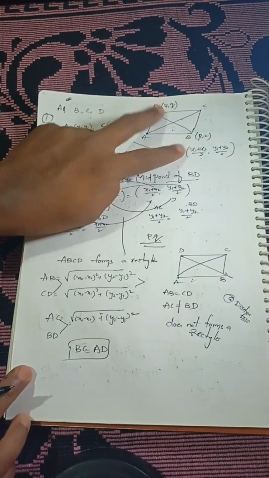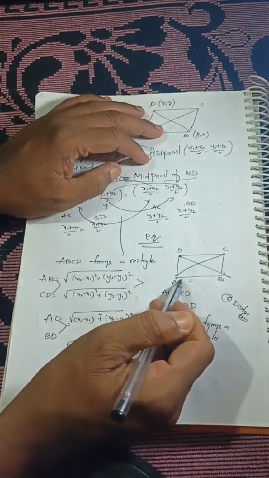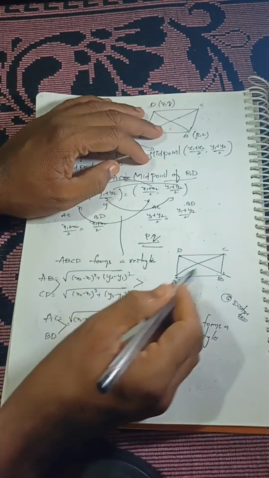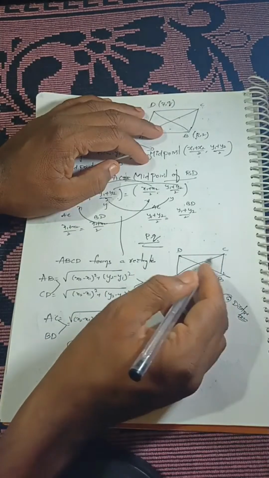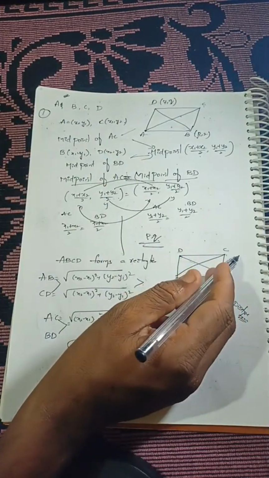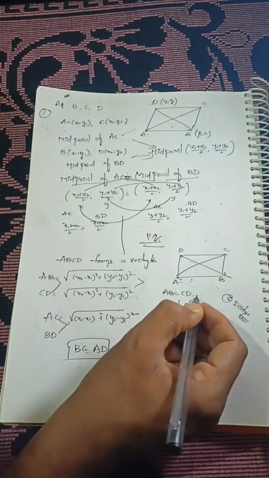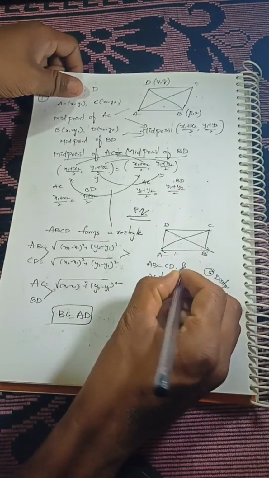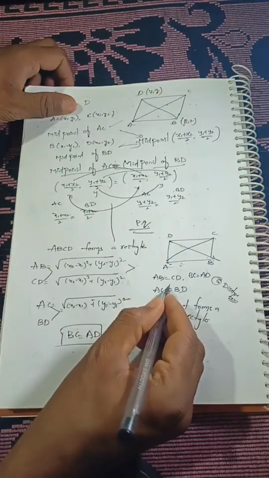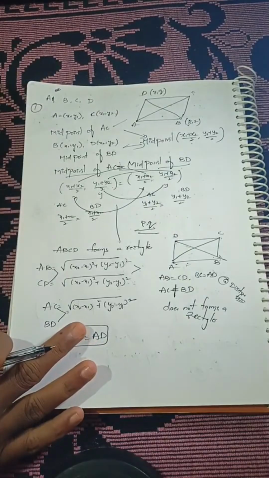After substituting, we have to do totally 6 distance formulas. First AB equals CD, next BC equals AD, then AC equals BD. Otherwise, you have to do all of AB, BC, CD and DA. If you are getting AB equals CD and BC equals AD, again you have to check whether the diagonals are equal. If diagonals are not equal, then it does not form a rectangle.